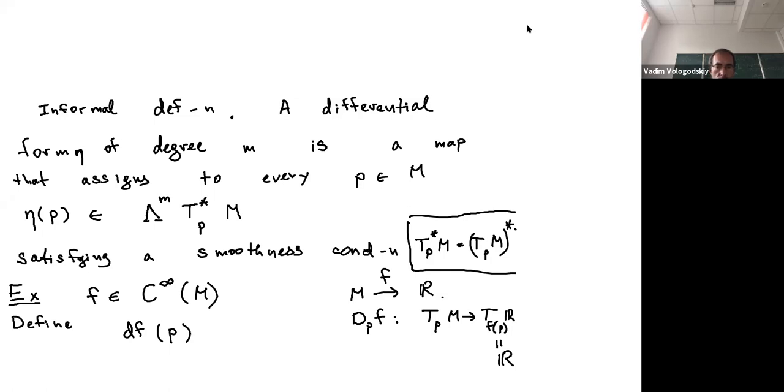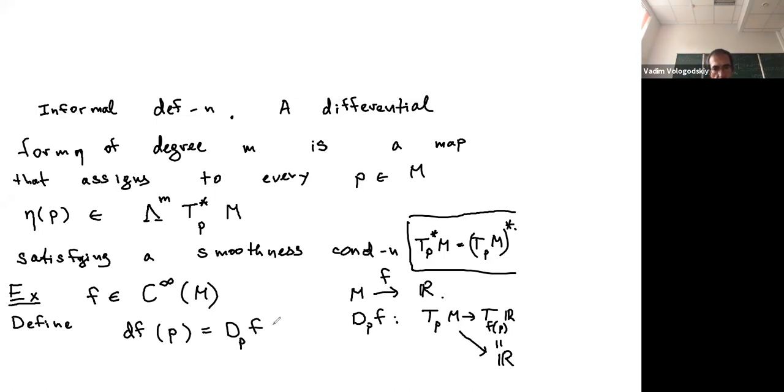So I have this map. It defines for me a linear functional. That's a linear map. That's the derivative of f. So I have this guy here, and I will simply put df of p to be this.